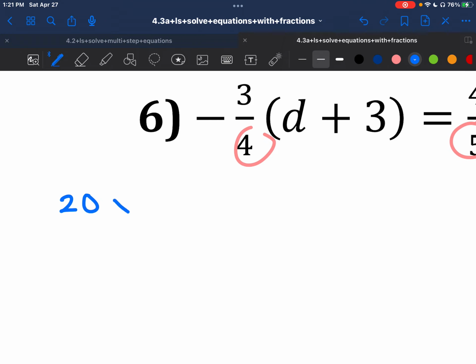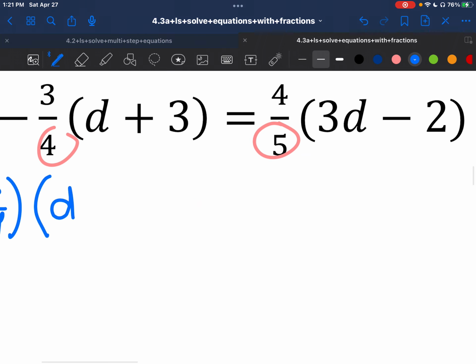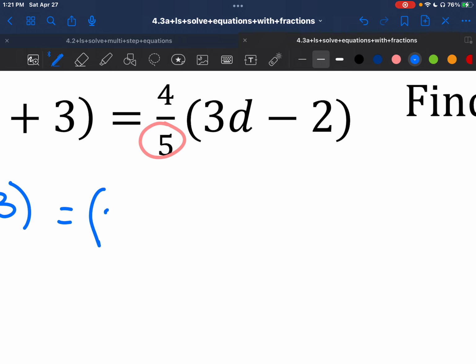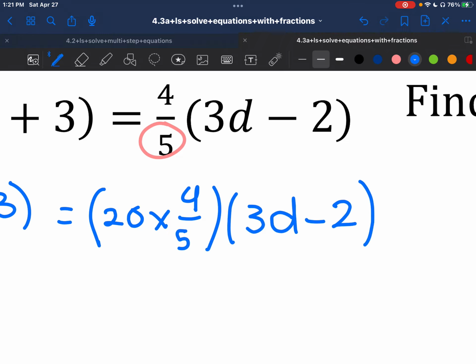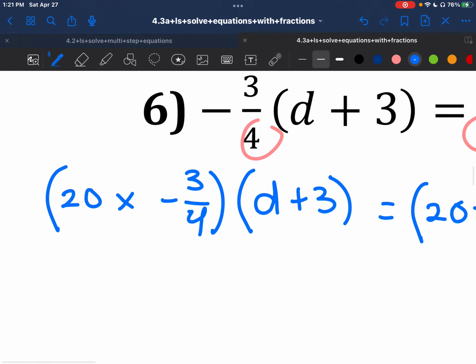So it'll be 20 times negative 3 over 4, multiply d plus 3, equals 20 times 4 over 5, 3d minus 2.